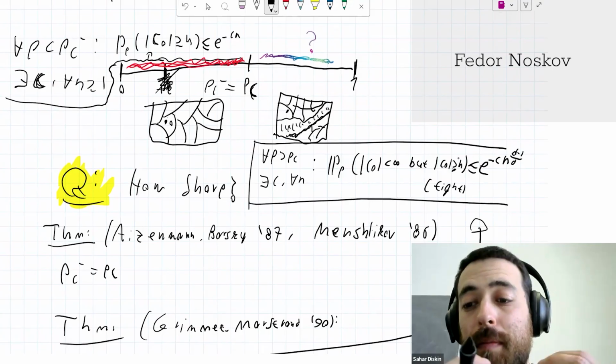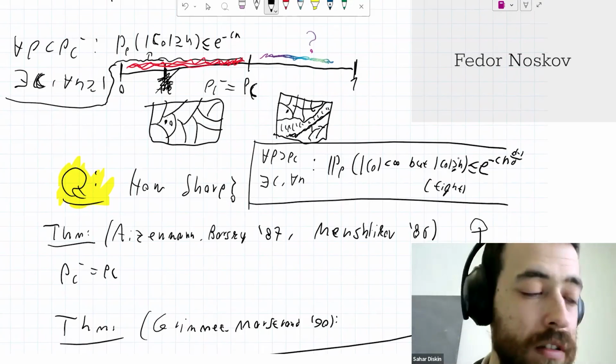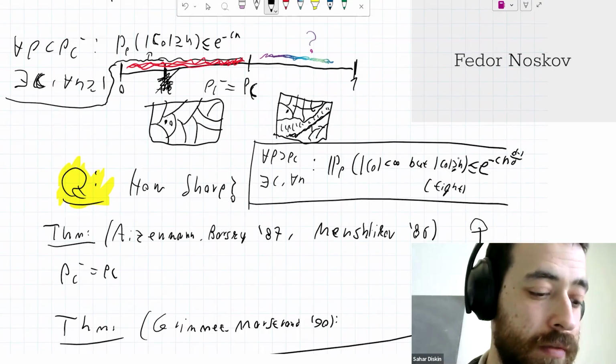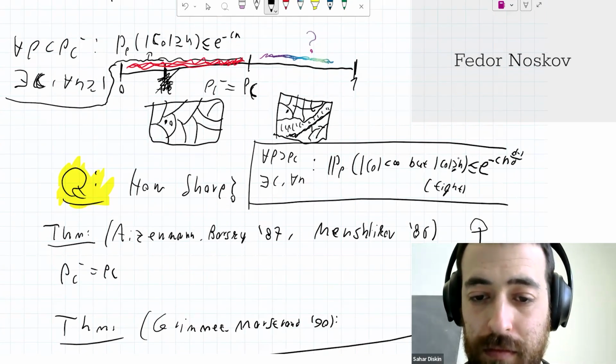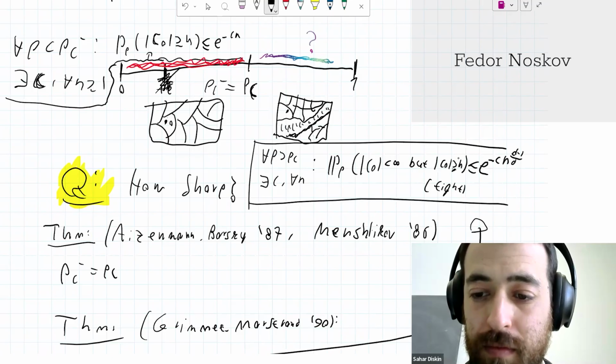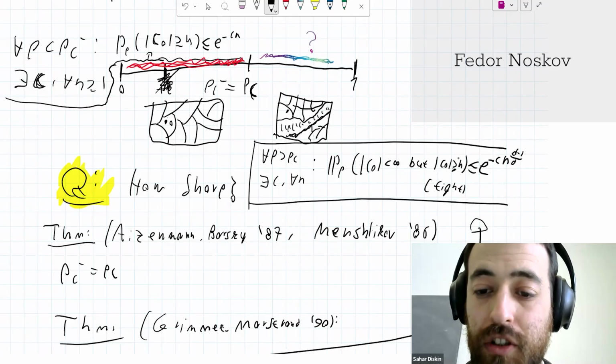So what's the probability? Yeah, please go ahead. So the probability that C_0 is finite is bounded away from 0, or I mean, so if I take.